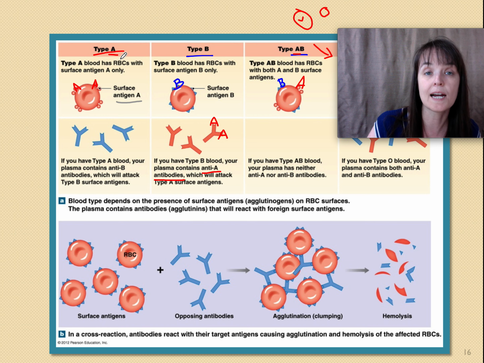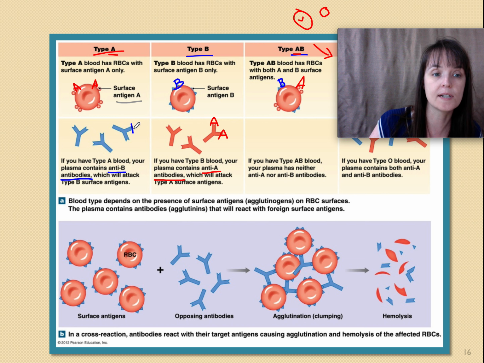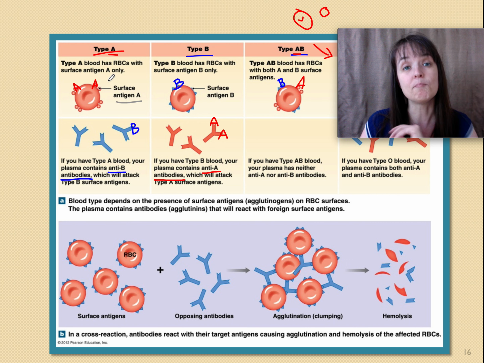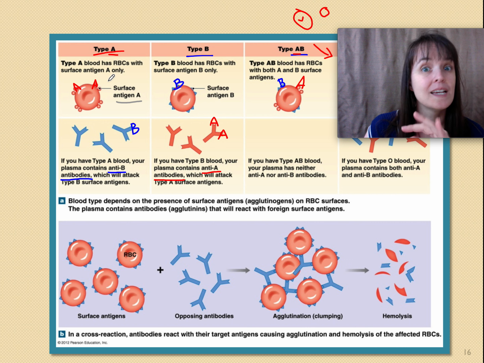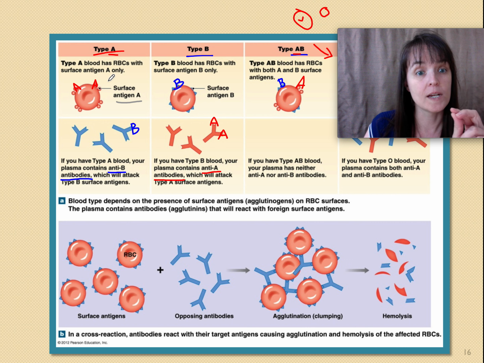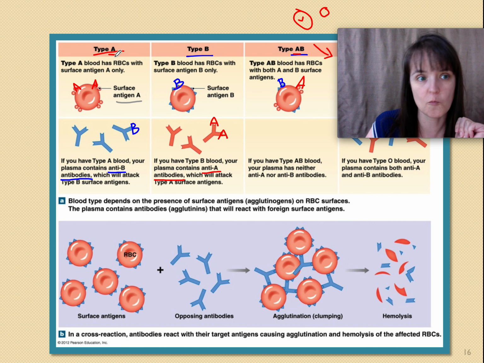If you're born with type A blood, you're born with anti-B antibodies floating around in your bloodstream. This is a symbolic representation of both the surface antigens and the antibodies. They don't look like this, but the shape is what makes them work.